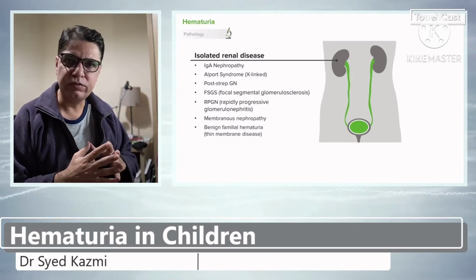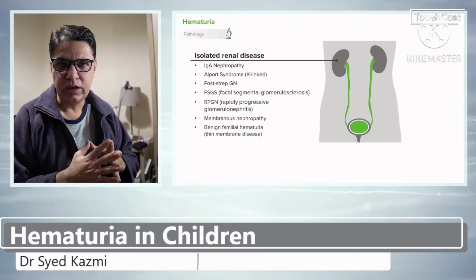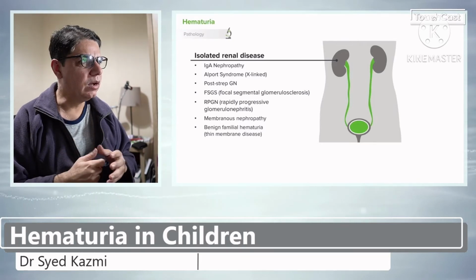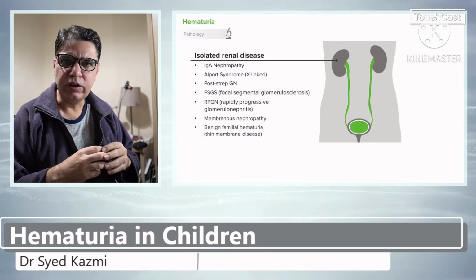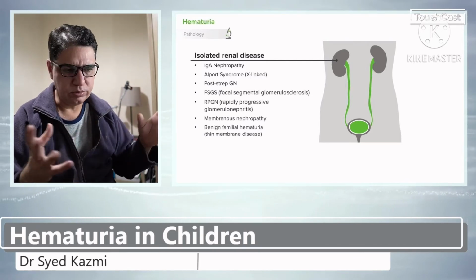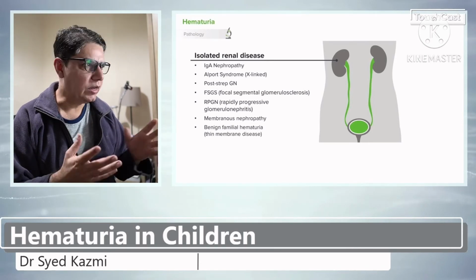Rapidly progressive glomerulonephritis, which can happen in so many diseases, is one in which there is very rapid sclerosis of the glomerular apparatus, and it spreads very quickly, involving all the glomeruli, and that can lead to hematuria.